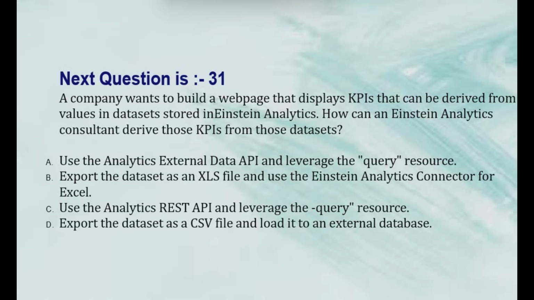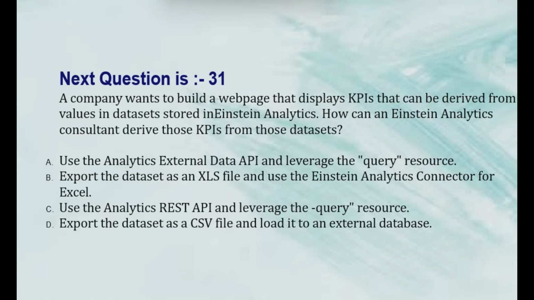Question is, a company wants to build a web page that displays KPIs that can be derived from values in datasets stored in Einstein Analytics. How can an Einstein Analytics consultant derive those KPIs from those datasets? Option A, use the Analytics External Data API and leverage the query resource.